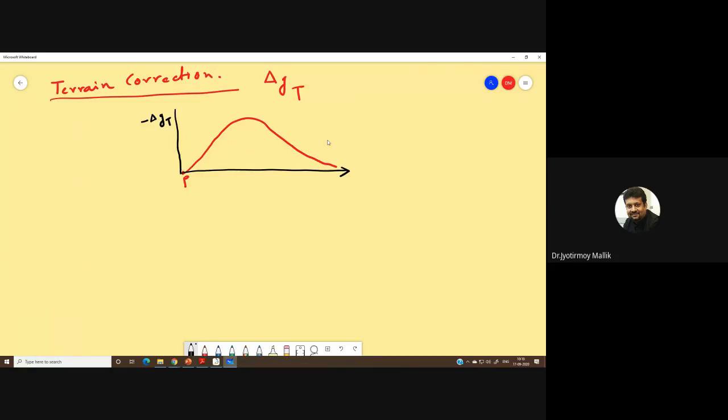And then when we do the correction, we have to add this value to the GM. So it's essentially what we have to do: we have to understand the total gravitational pull due to the positive terrain.